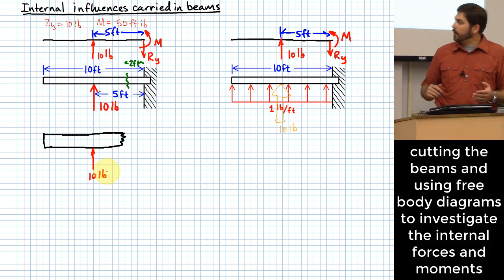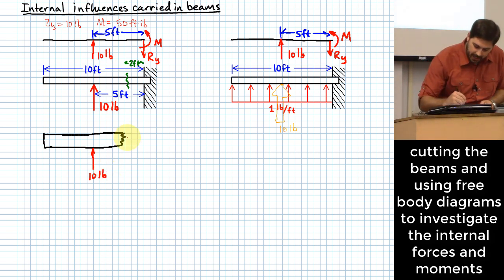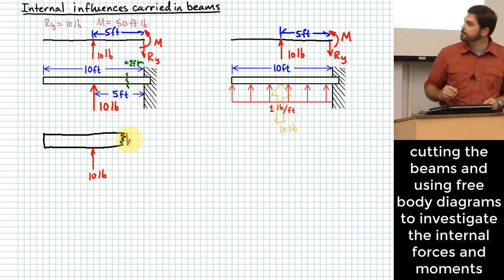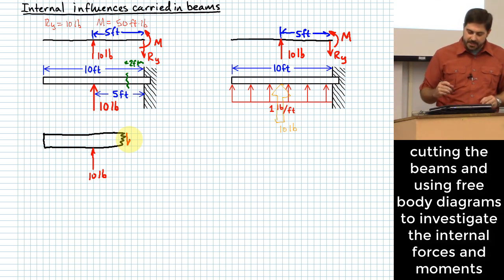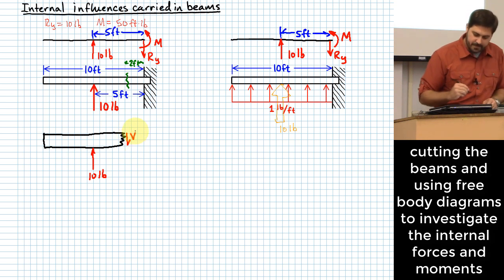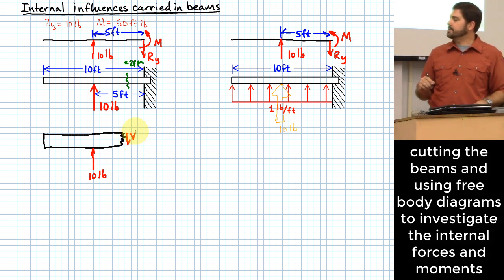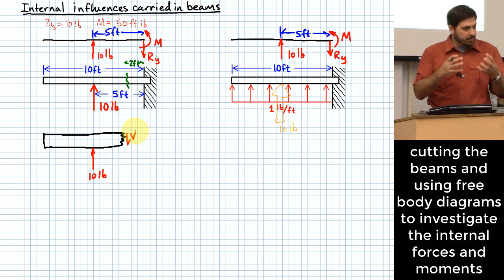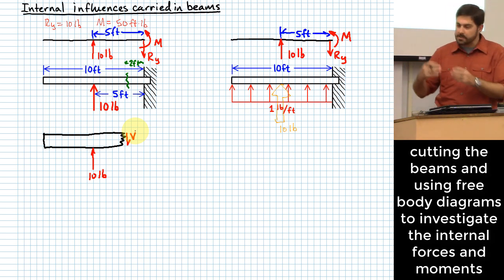Well, for one thing, I have to react against that 10 pounds of force, right? And what would do that would be a shearing force that would act like this. I'm going to call that V. V is a force value. A lot of times we'll use that variable for a shearing force.